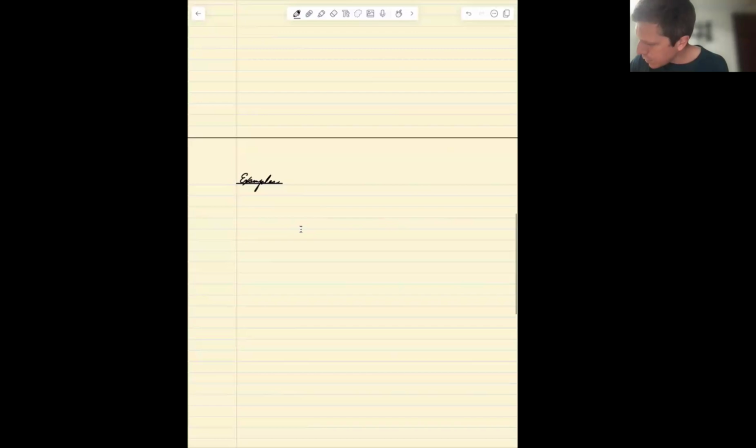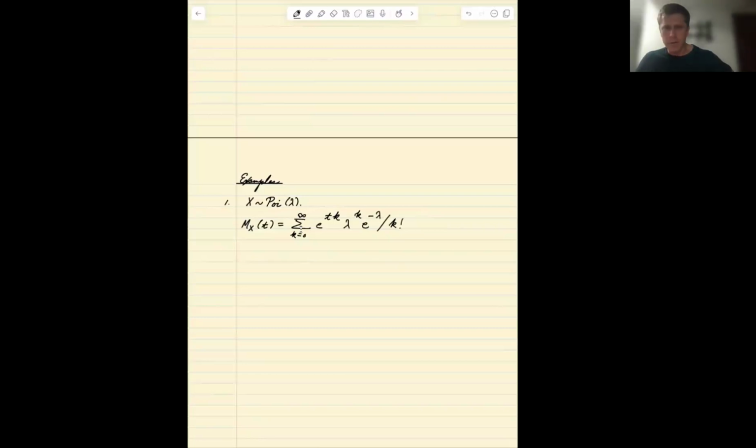Okay, so first let's start with X, Poisson with parameter lambda. So then in this case, the moment generating function of X is the sum of e to the tk times the mass function, e to the minus lambda over k factorial, lambda to the k.